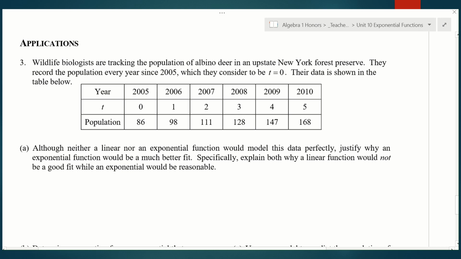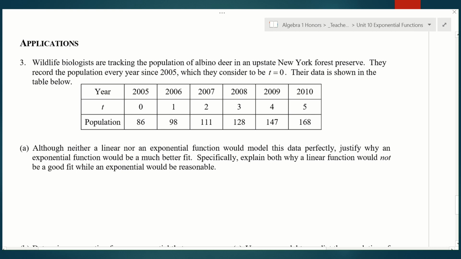Okay, so if we think about populations in general, typically populations take on an exponential curve because the offspring can reproduce. So if you have 86 deer, how many offspring would those 86 deer produce? And then you also have the offspring reproducing and their offspring reproducing and so on. So the population typically grows exponentially.